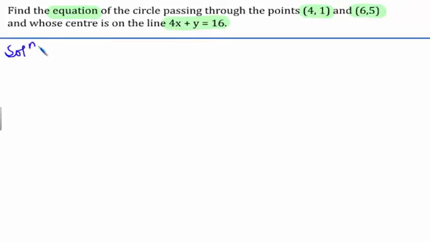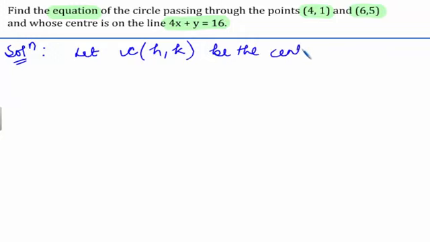Let's begin with the solution. Now, let C be the center with coordinates h and k, and r be the radius of the given circle.